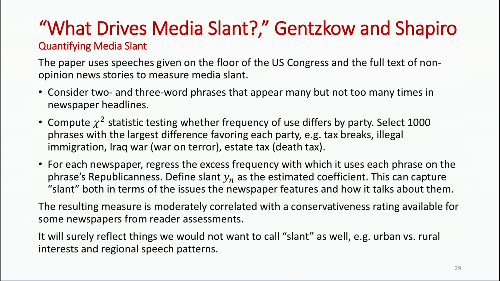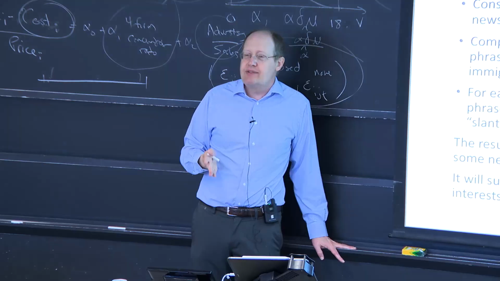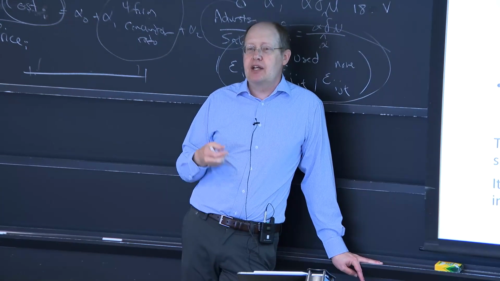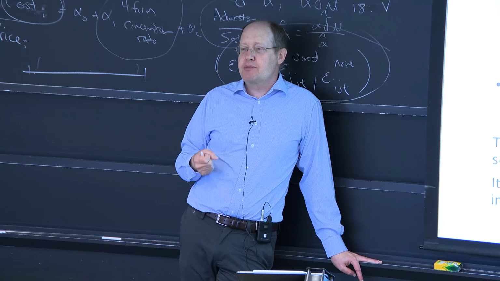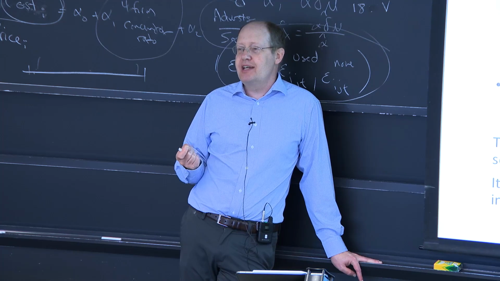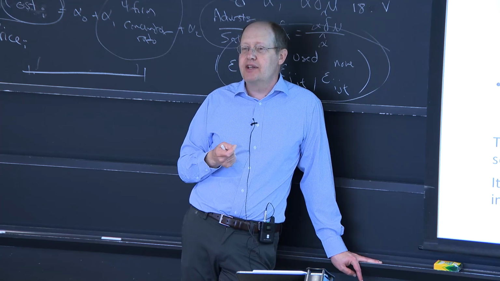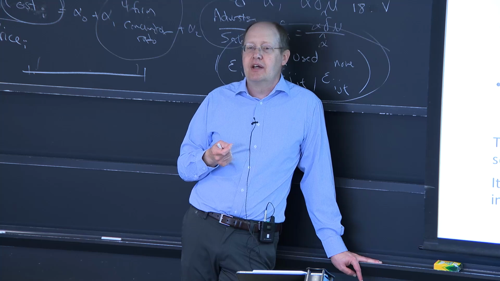Now, obviously, part of that in these examples sounds like media slant, but there are also going to be all kinds of other things picked up in this. For instance, some Congress people talk about agriculture policy, and some talk about guns in their urban neighborhoods.